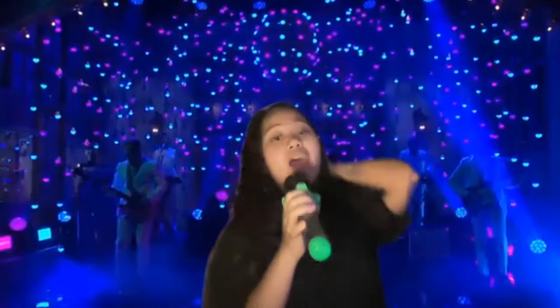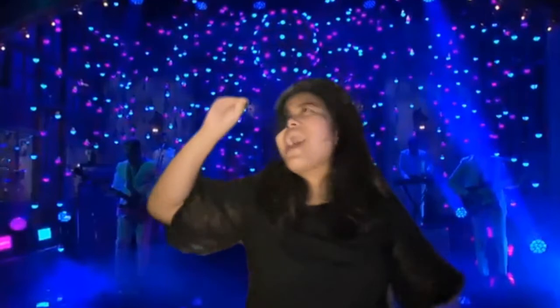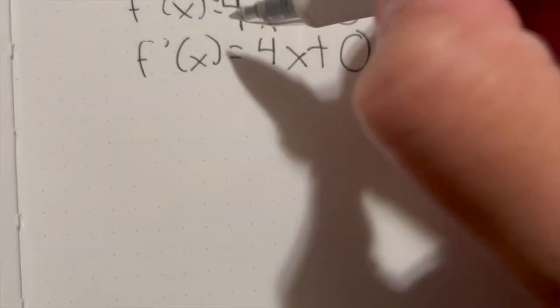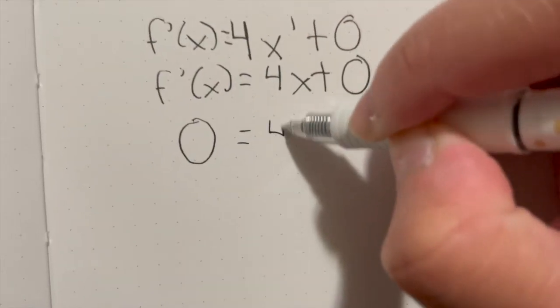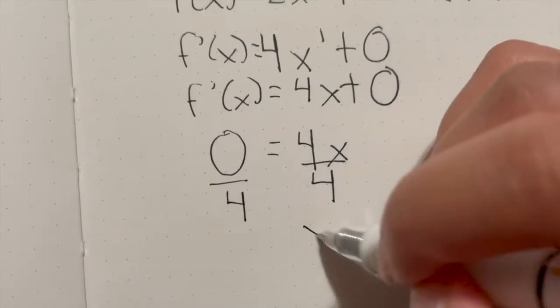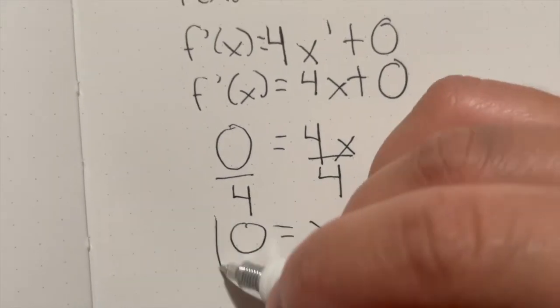It has many uses in calculus, and up next we'll set the derivative to 0, and now we'll solve for it. We divide both sides by 4, which equals x equals 0 over 4.